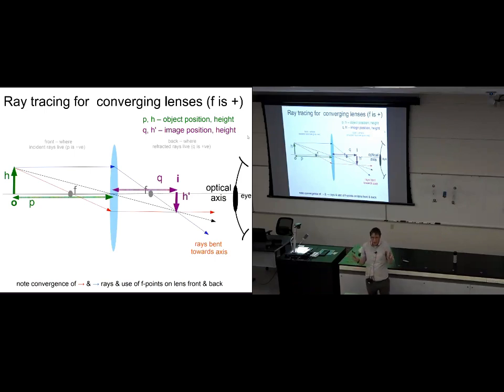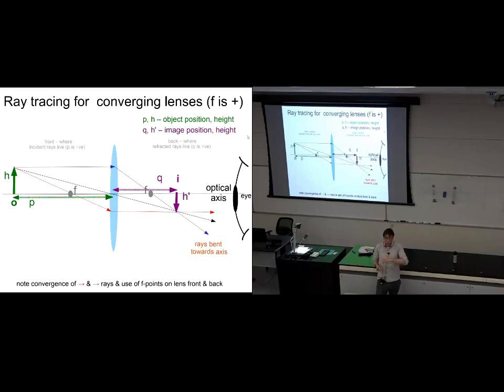One difference between the curved mirrors and the focal length there, and the lens and the focal length here, is that for the mirrors, we only put the focal point on one side of the mirror. It was on the front of the mirror when it was a converging mirror, and on the back of the mirror when it was a diverging mirror.